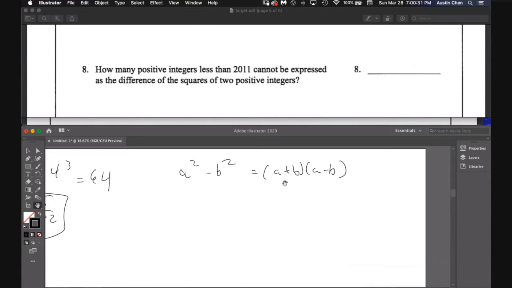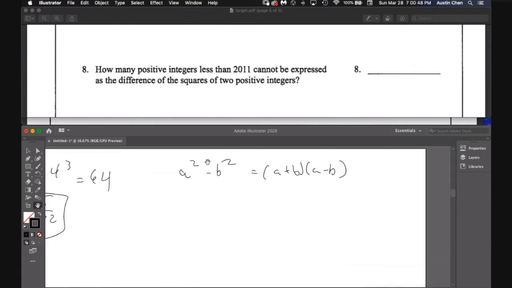We're going to model it like this to see if we can find anything about the properties of these factors, and what they can essentially be multiplying to.